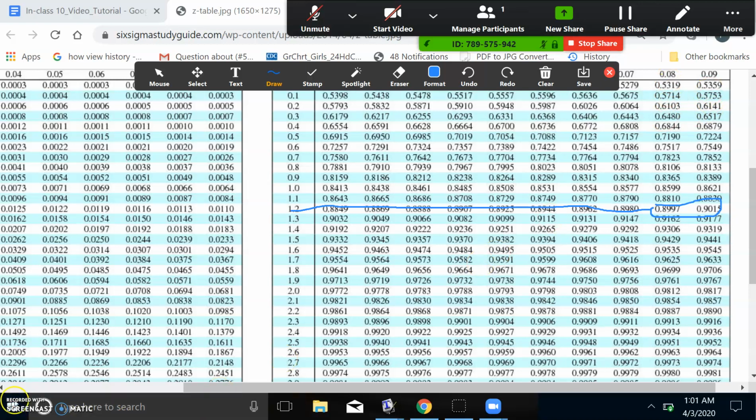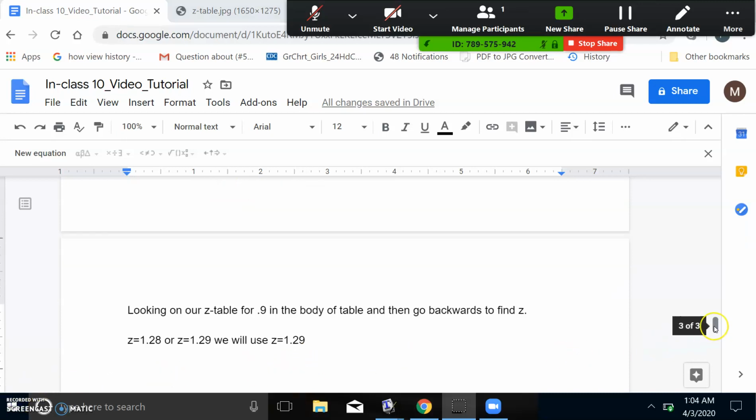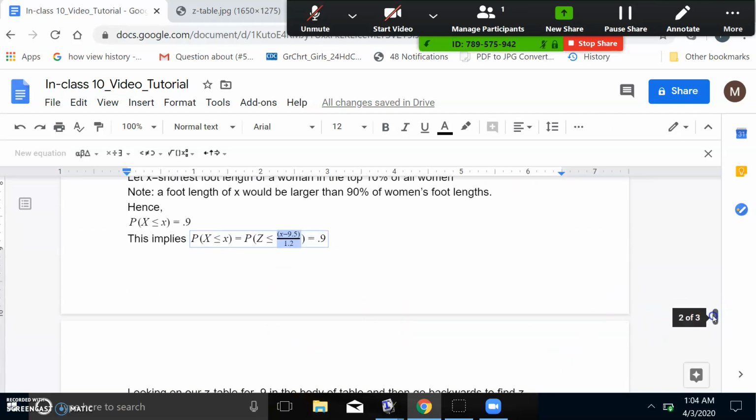So we get z equals 1.28 or z equals 1.29. We will use the larger one, z equals 1.29, because we want to guarantee that the small x is larger than 90%. So we're going to put 1.29 equal to that.